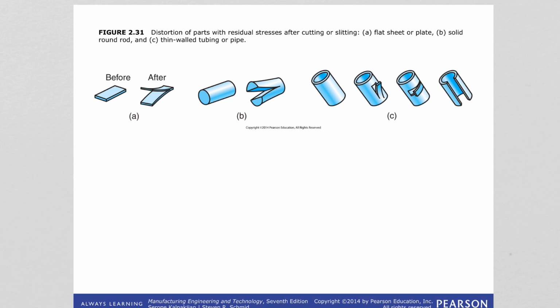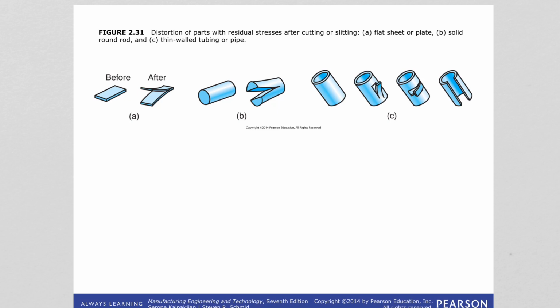So again we are seeing, after we machine or cut, how the parts are going to look, and this is because there are residual stresses.